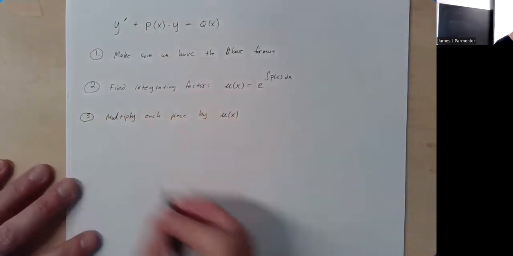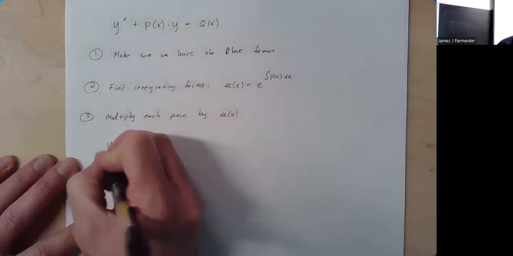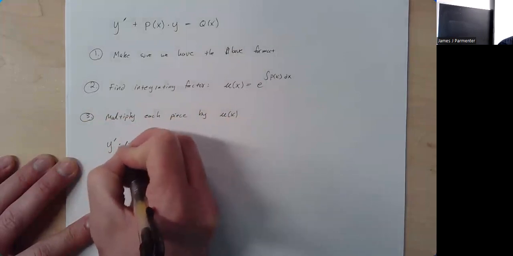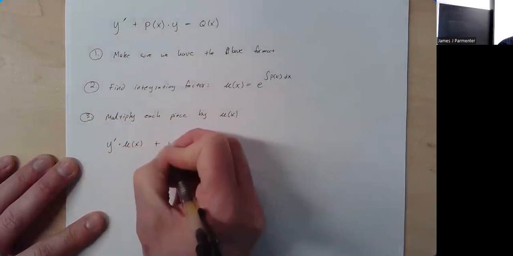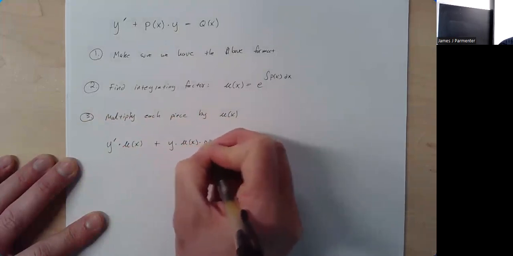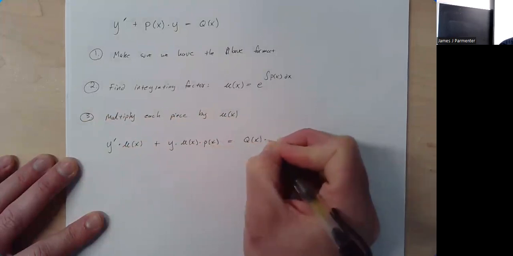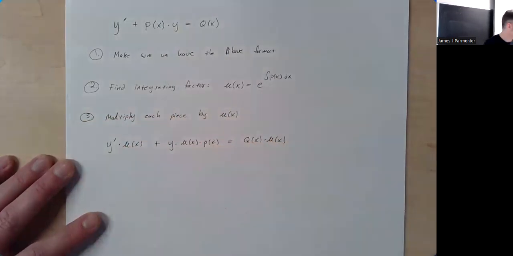So we're going to get, and I'm going to write this very specifically, y prime times mu of x plus y times mu of x times p of x equal to q of x times mu of x.